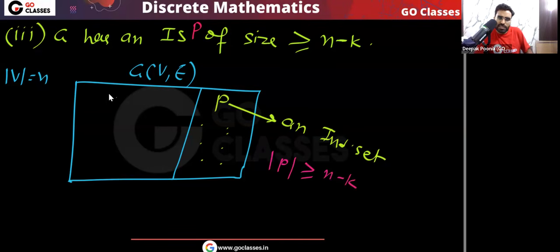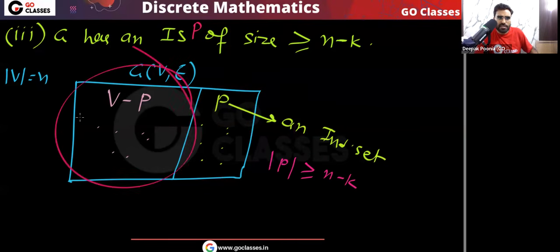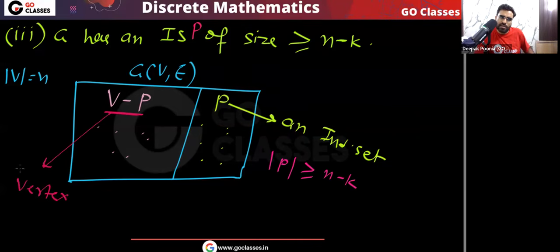So what about the remaining vertices? Remaining vertices means V minus P. We already know that if this P, this subset of vertices, is an independent set, then the remaining vertices will be a vertex cover. Yes or no? So this is a vertex cover. Now, can you tell me the size of this vertex cover? You can see size of P is greater than or equal to n minus k.